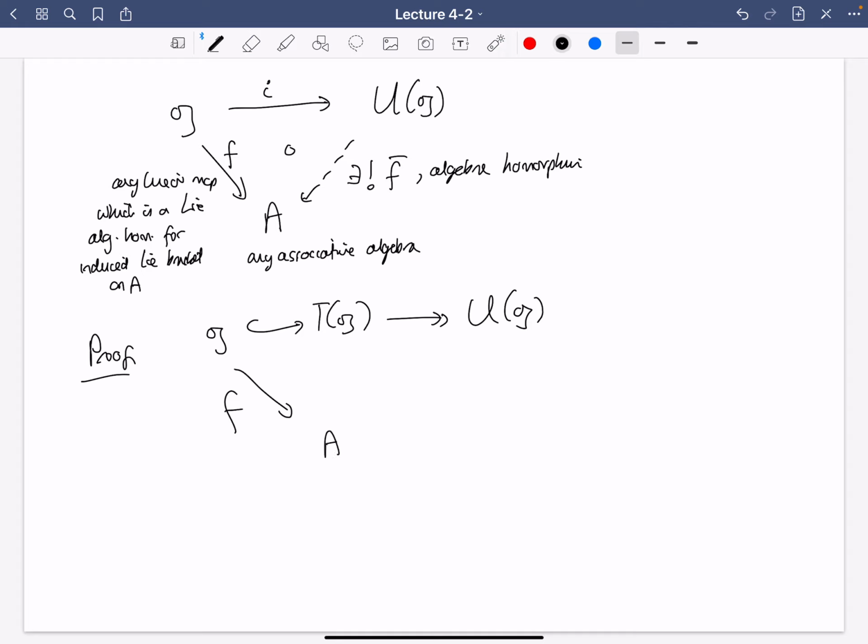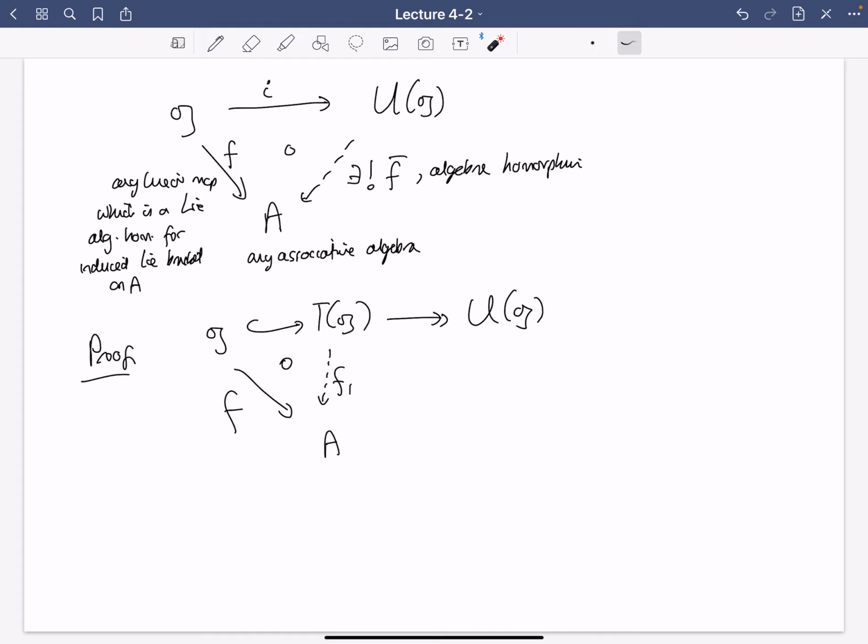The tensor algebra is the free associative algebra on the vector space G. So it's automatic that this F extends uniquely to an associative algebra homomorphism from T of G to A. I haven't used the fact that F is a Lie algebra homomorphism yet, merely a linear map. So that's the universal property of the free associative algebra on the vector space G.